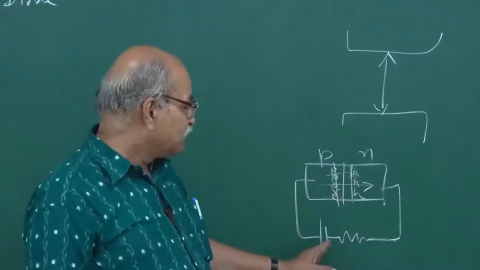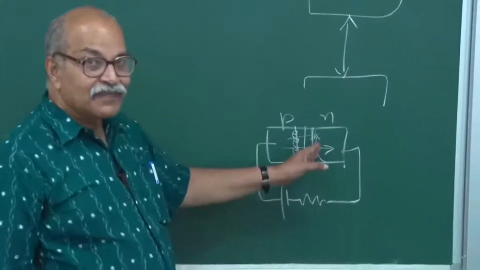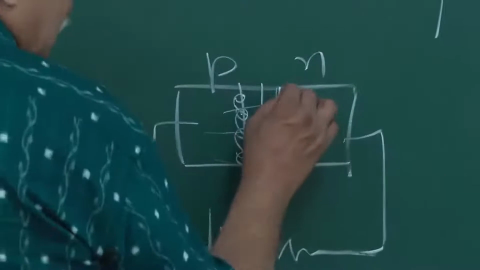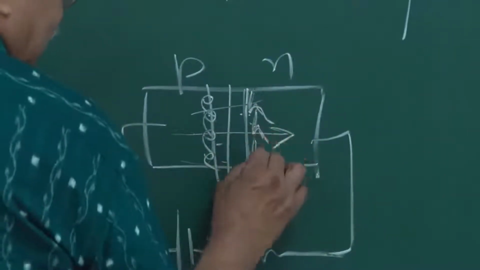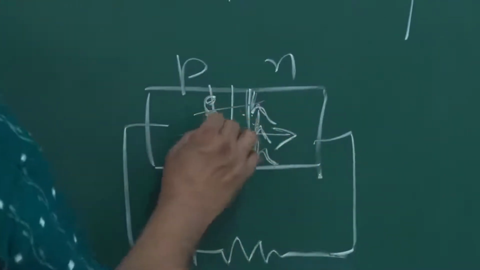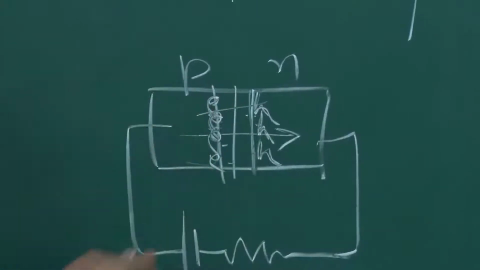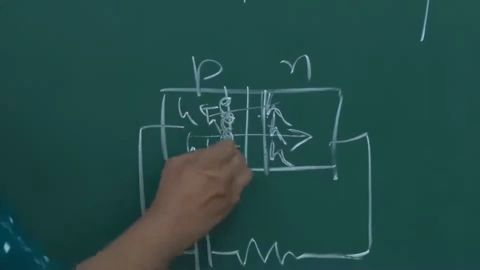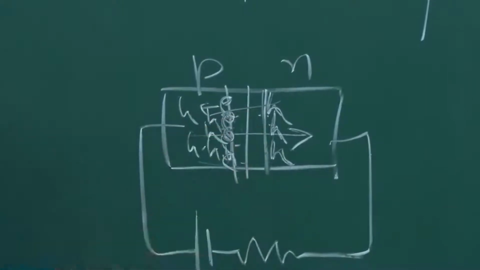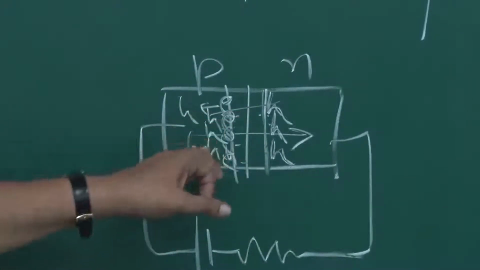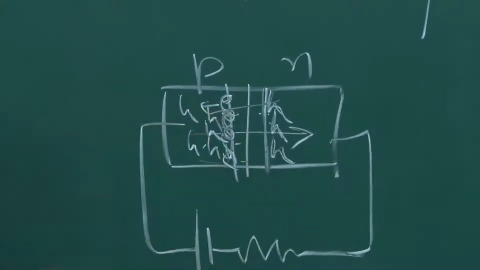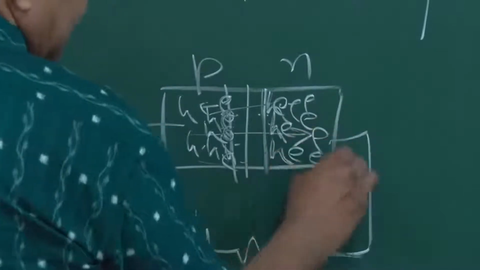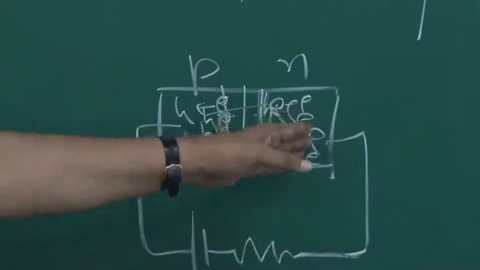In forward bias condition, you have minority carrier injection, and once they are here, they are now minority carriers. These are now minority carriers in this side, this is P side, and then when they drift, you have lots of holes here, and you will have every chance of hole electron recombination. There are a lot of electrons here, and therefore you will have chance of electron hole recombination.